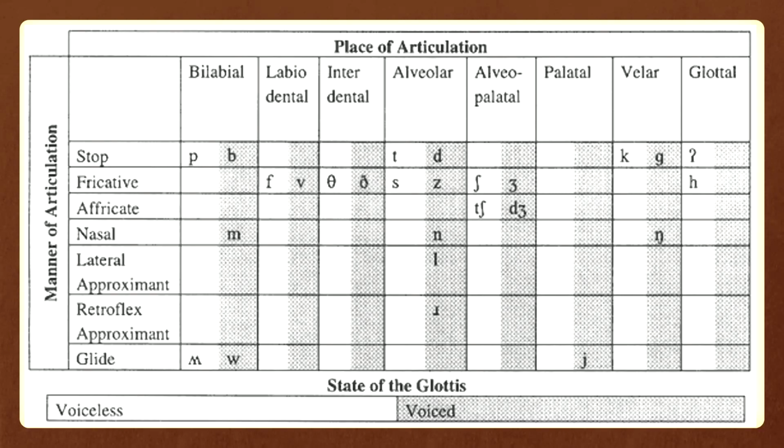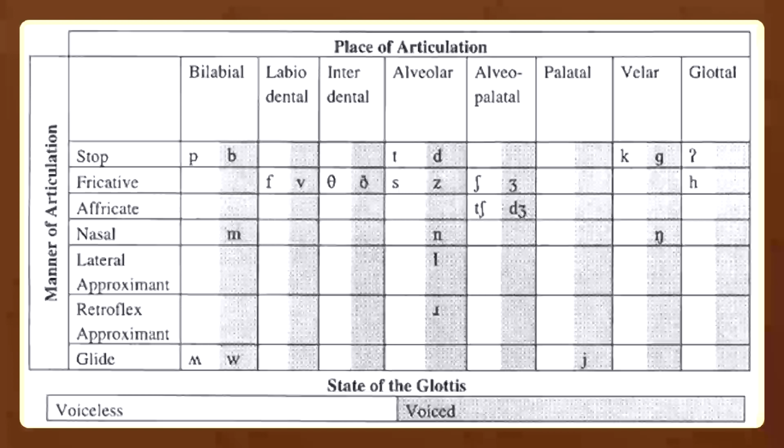There's one more thing we can do to any of the sounds in our consonant inventory to make them different from each other, and that is voicing. You'll notice that this chart is shaded according to whether the sound is voiceless or voiced, and that simply has to do with whether you're vibrating your vocal cords when you say it. So the thing to do now is actually touch your larynx, your voice box, your Adam's apple.